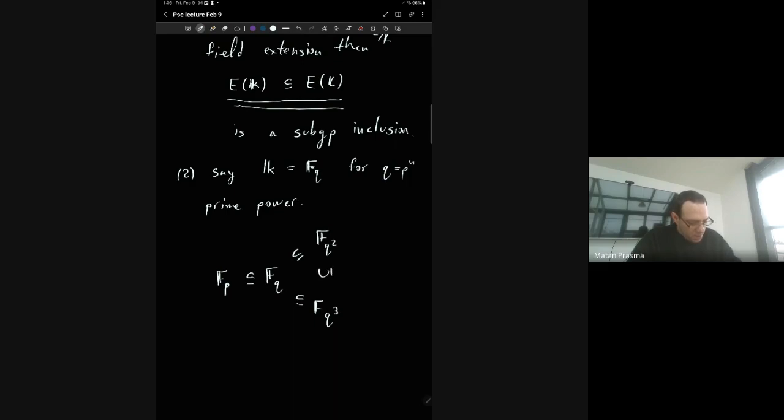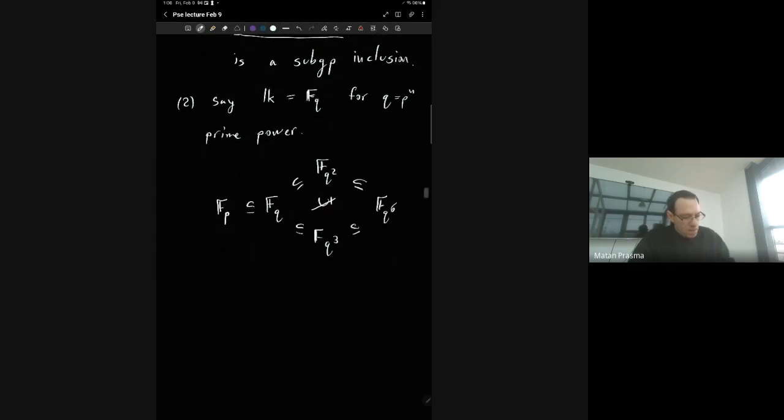Here we don't have a field inclusion between those two. However, if you go high enough, in this case F_{q^6}, then you do get a field inclusion.